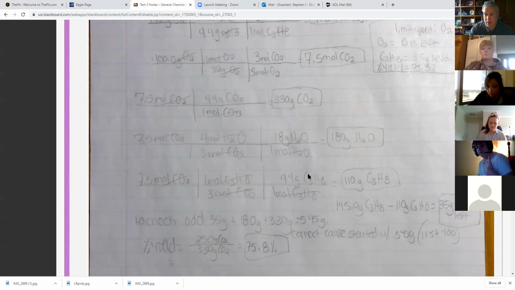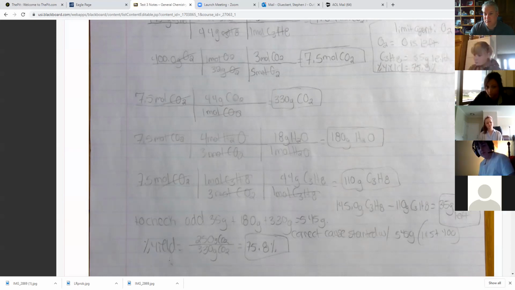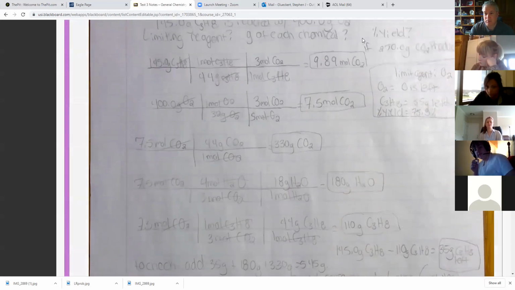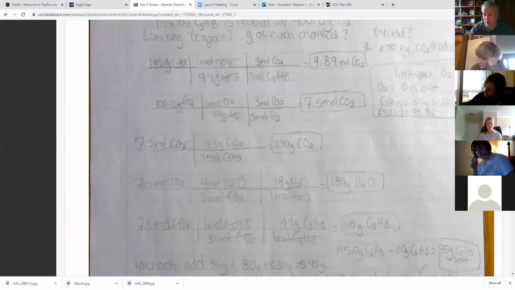Okay. So finally, percent yield. Going back to what we were told in the original problem. Find percent yield if 250.0 grams of CO2 is made or produced. So that 250 grams is our what?